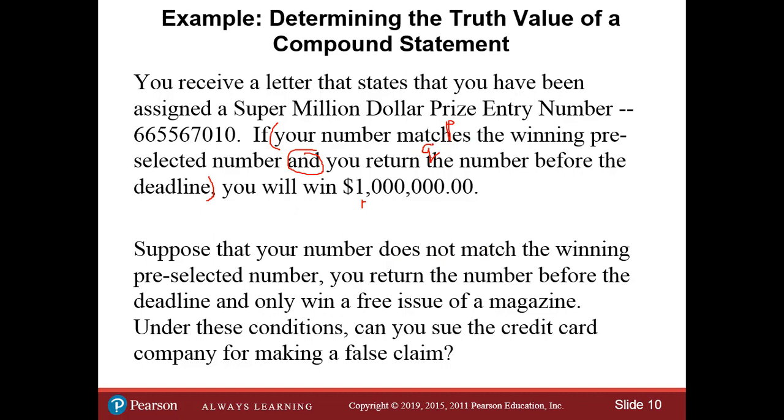Well, that means this is going to be false. You returned the number before the deadline, so this is true, but it's an and statement, which means the whole thing is false. And since this is an implication, well, that means the antecedent is false and the whole thing has to be true.